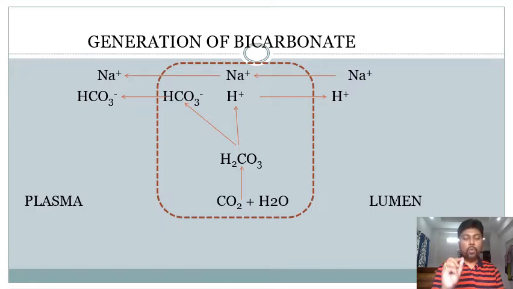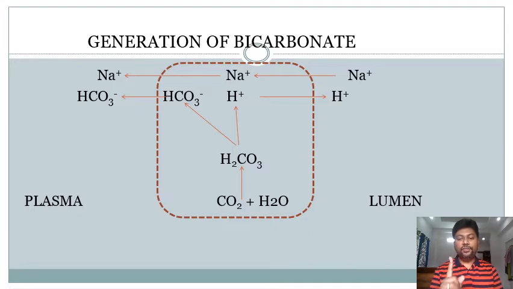One of the important enzymes required for this generation of bicarbonate is the carbonic anhydrase enzyme. This enzyme is required for both reactions, the conversion of carbon dioxide and water to carbonic acid, and also for the dissociation of carbonic acid. So thus renal tubules help in generating new bicarbonate.